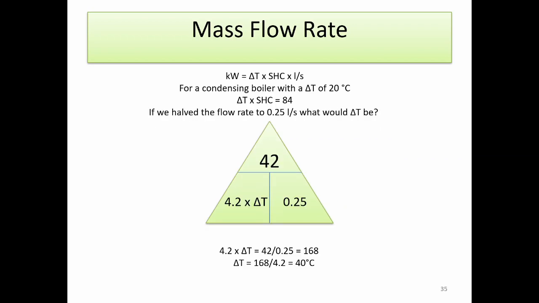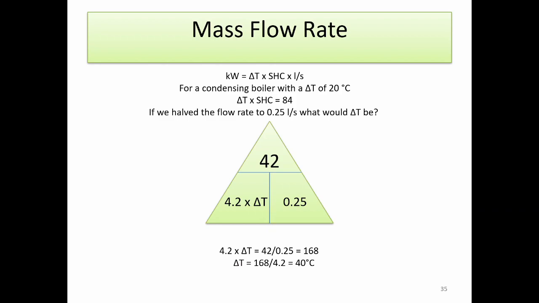So if we halve the flow rate to 0.25 litres per second, what would our delta T be then? Well, our kilowatts is still the same, 42. And if we put the figures into the triangle, we can see that 4.2 times the delta T equals 42 divided by 0.25.